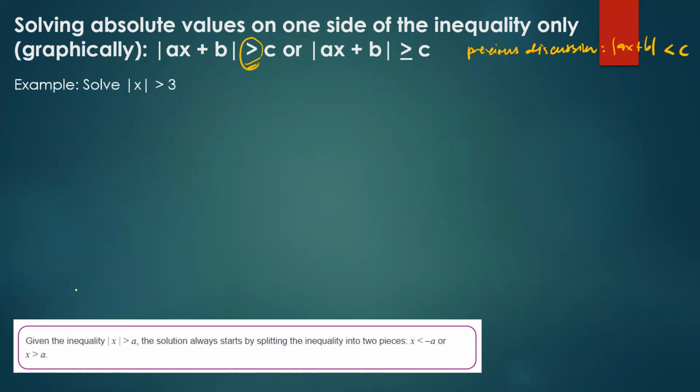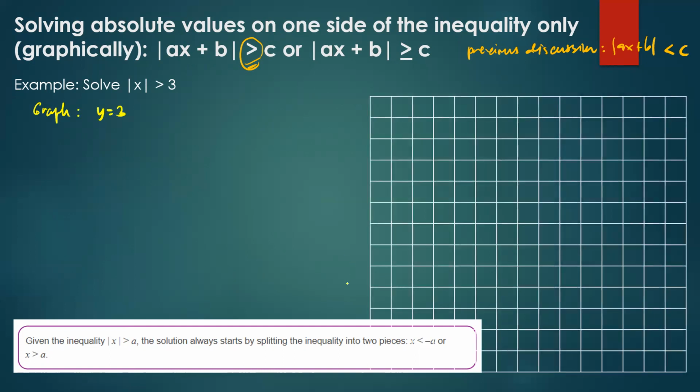For example, we will solve for the modulus of x greater than 3. So we will solve this graphically. So again, to solve this graphically, first we need to graph y is equal to 3, right?